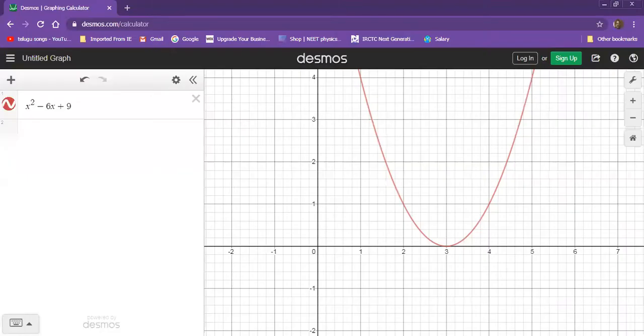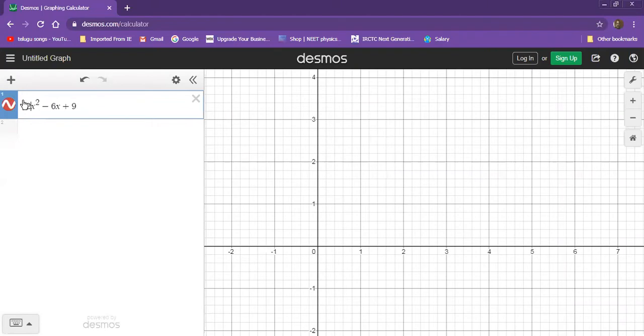So what is our equation? Our equation is 2x squared minus 5x plus 3 equal to 0. So anyway, let it be, 0 you should not type here. We'll plot the graph of 2x squared minus 5x plus 3.